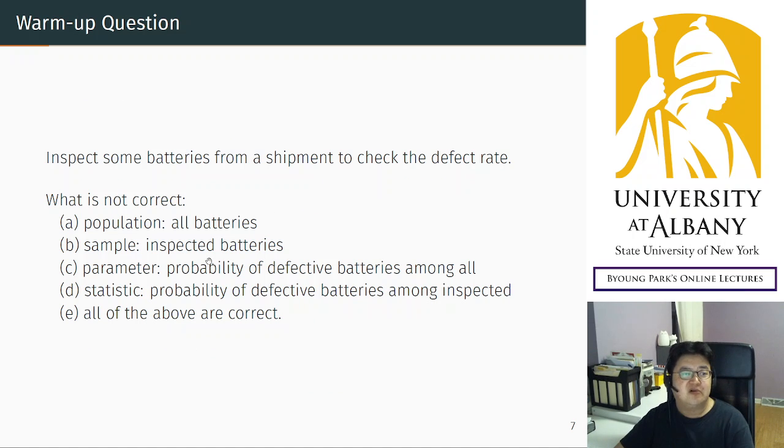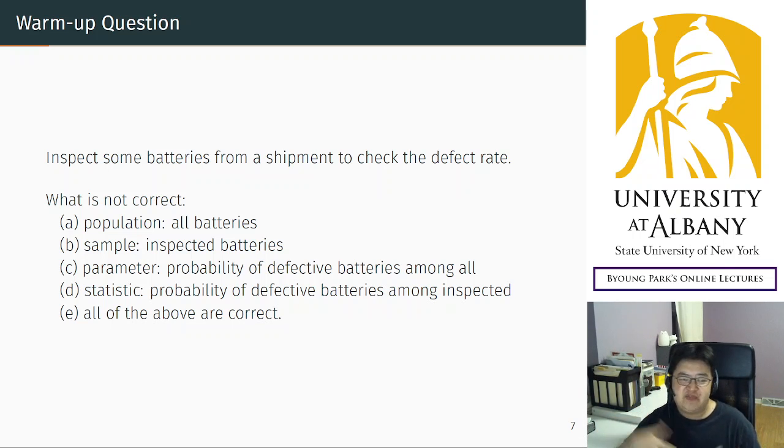So here I will give you a warm-up question. Here's another example. We would like to inspect some batteries from a shipment to check the defect rate. So you are, say, a smartphone or electric car maker, and you get shipments of batteries from another company, another factory.